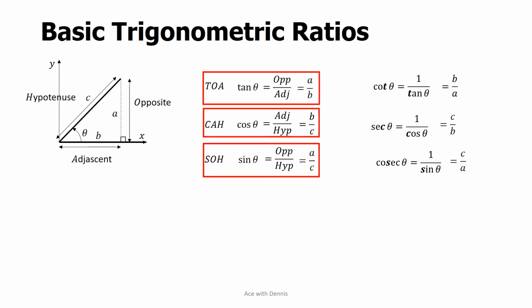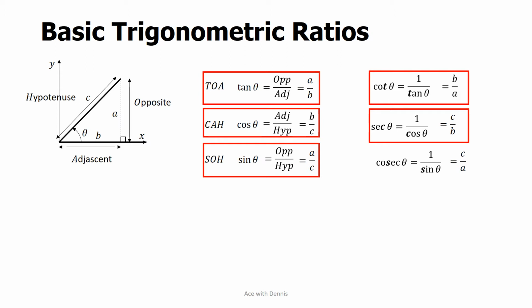You notice that I bold the third letter because the third letter tells us which reciprocal of the trigo ratio it represents. For the first one, cotangent theta, the third letter is T, so it is 1 over tangent theta. For secant theta, the third letter is C, therefore it is the reciprocal of cosine theta.